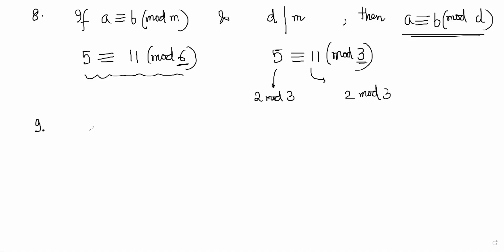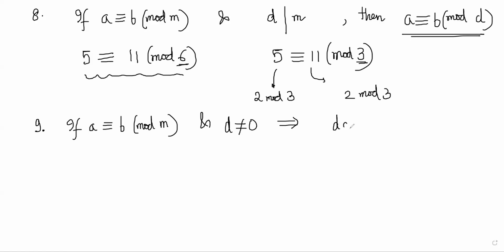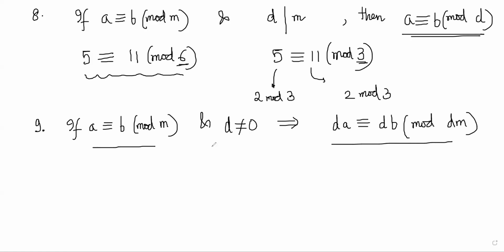This is property 8. Then we look at the next one, which is if A is congruent to B mod M and D is not equal to 0, then we can say that D times A will be congruent to D times B mod D times M. So you can go in the forward direction, but you cannot cancel without thinking.